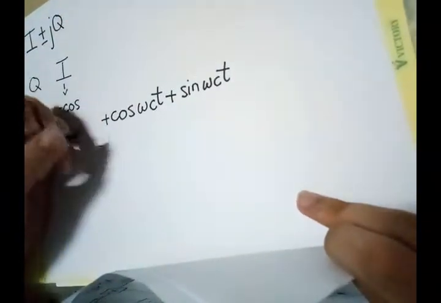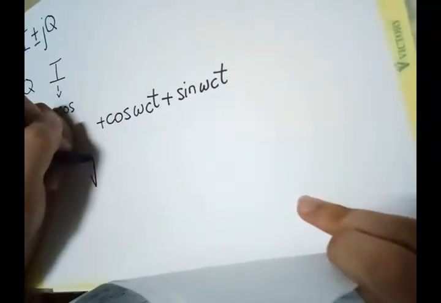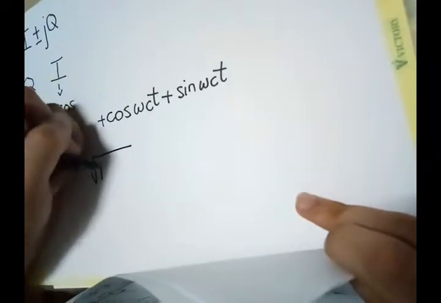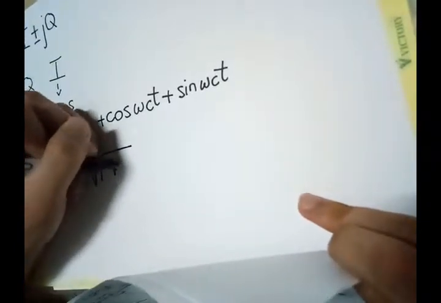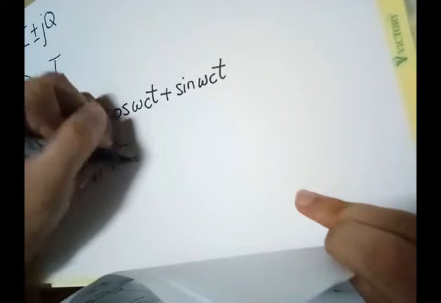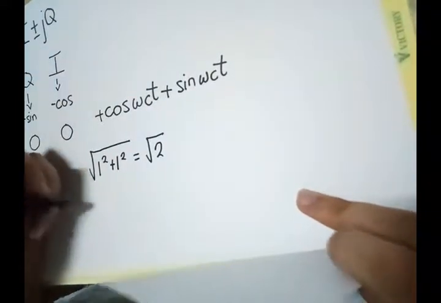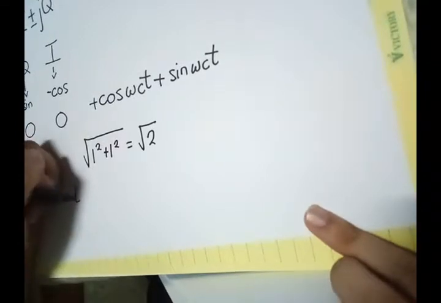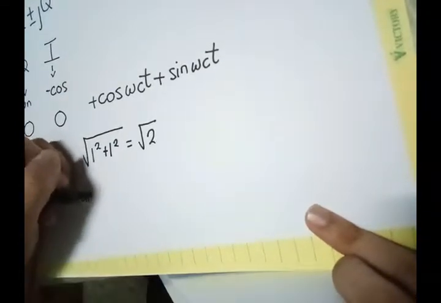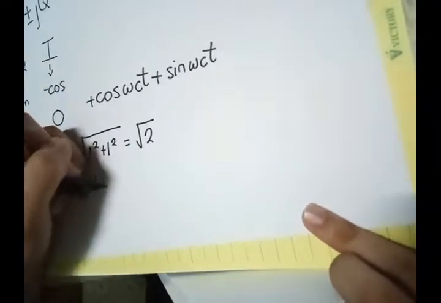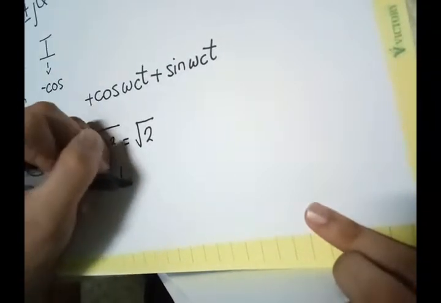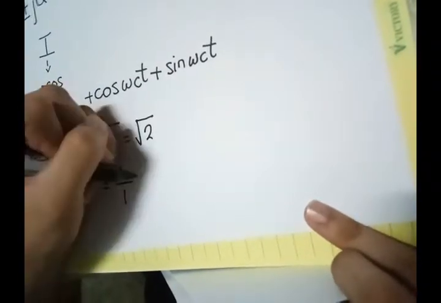And then we're going to use the Pythagorean theorem to find the magnitude of this combination, which is 1 squared plus 1 squared equals square root of 2. Then finding the reference angle using the inverse tangent of 1 over 1, we'll have a 45-degree angle.